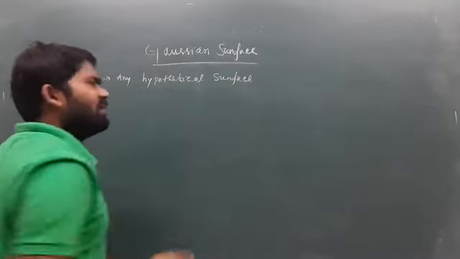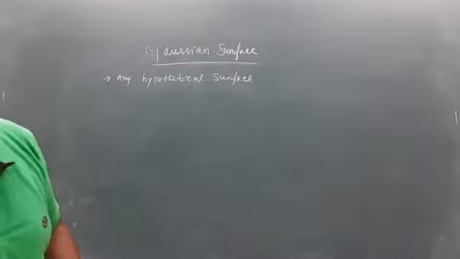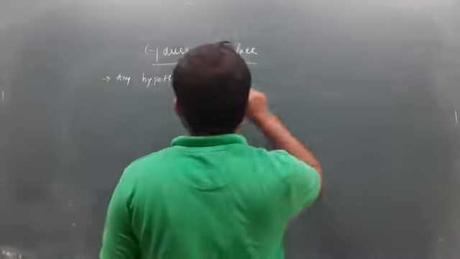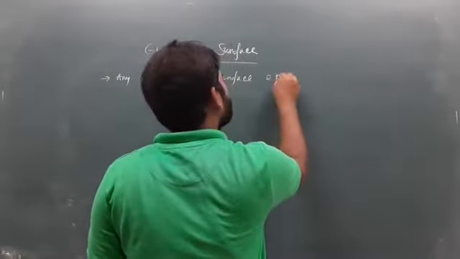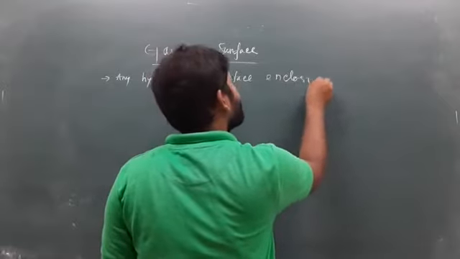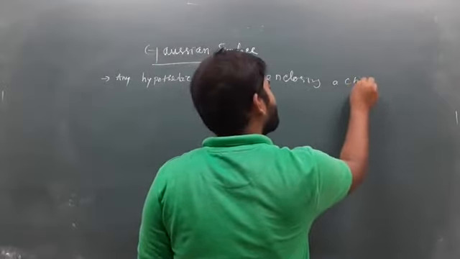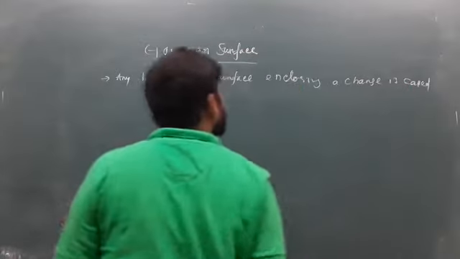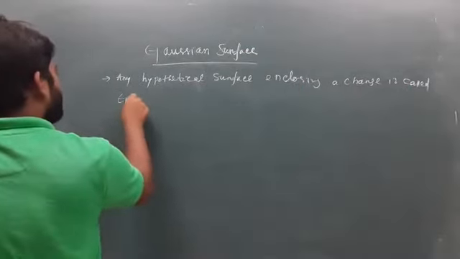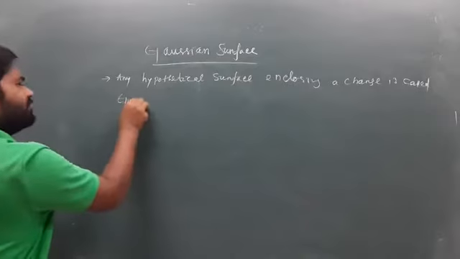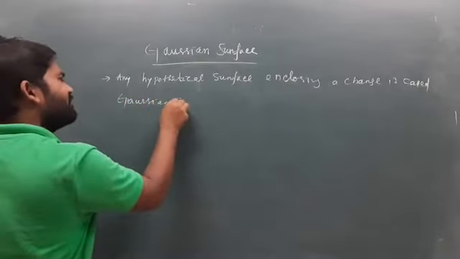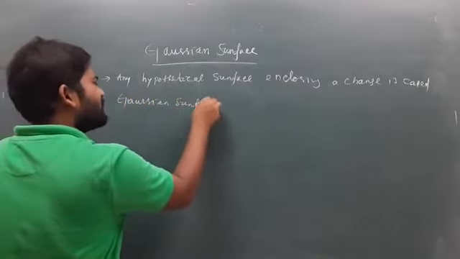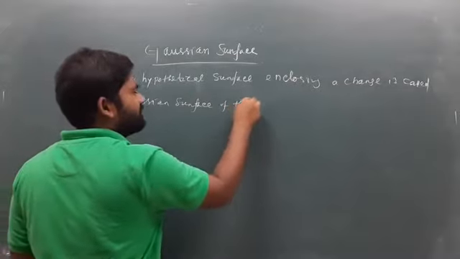Any hypothetical surface enclosing a charge is called the Gaussian surface of that charge.